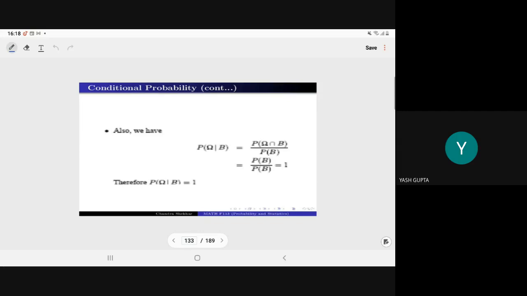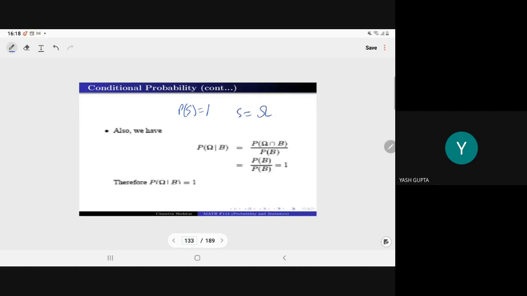What are the three axioms? The first axiom is P of S equal to 1. Sometimes we denote S by omega also.